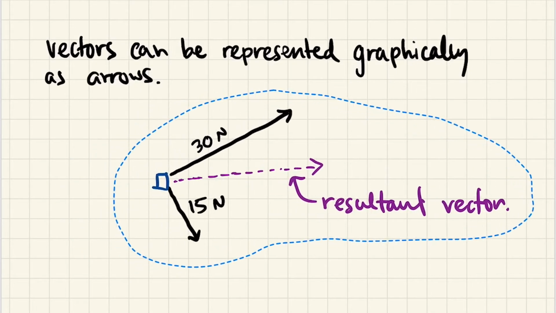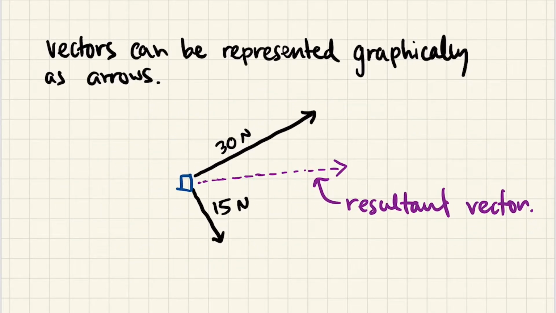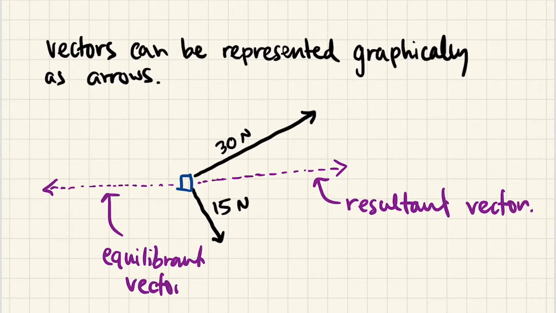The opposite of a resultant, which we're also going to be looking for, is called an equilibrant. Okay, you can think of the equilibrant as the magnitude and direction of the force somebody would have to apply kind of in the opposite direction, right? That would prevent the object from accelerating.